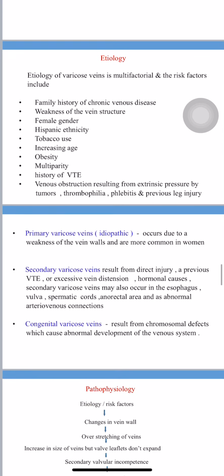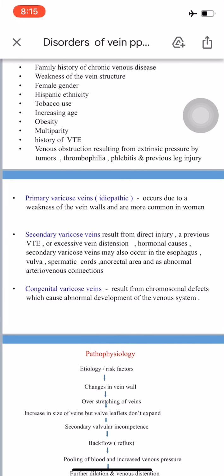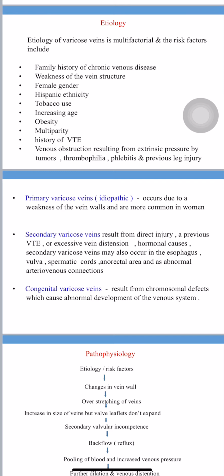Next are the different types based on the etiology. The first one is primary varicose vein or idiopathic, which occurs due to a weakness of vein walls and is more common in women.